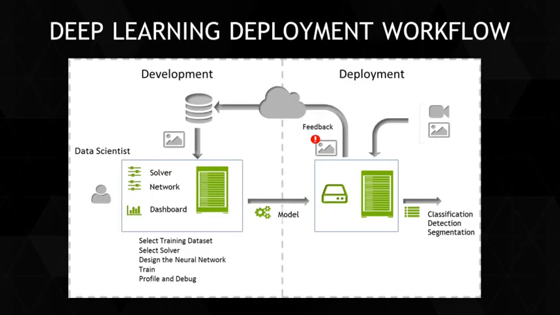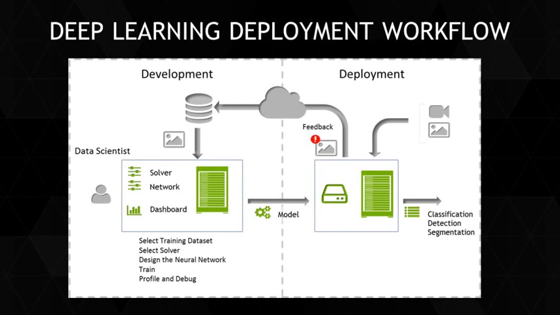What we see on this chart is that there are really 2 stages in building a deep learning-based machine perception solution. On the left, there's the development stage, which is designing the network architecture, managing your data, and training the network. And on the right, there's the deployment stage, where you actually want to take the learned neural network and put it into production somewhere.